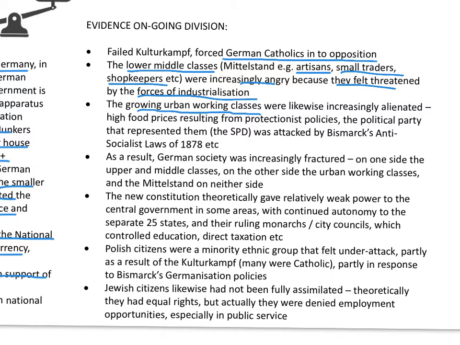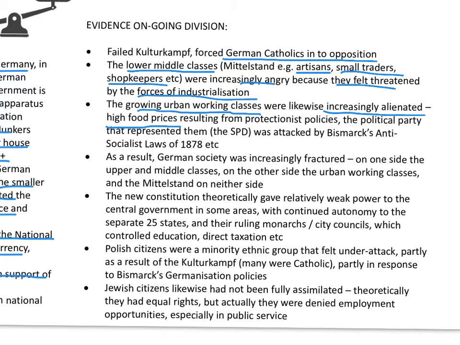They are starting to read political pamphlets, and the big anxiety is that they will be attracted to the writings of Karl Marx, who has spoken of social revolution and socialism. And so the growing urban working classes were likewise increasingly alienated, unhappy, and Bismarck's policies of protectionism resulted in food prices becoming very high, so they were struggling to buy food.